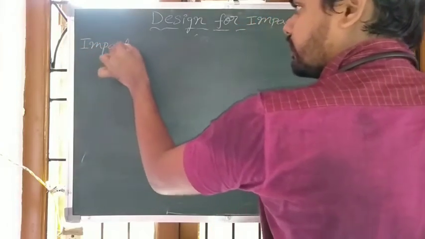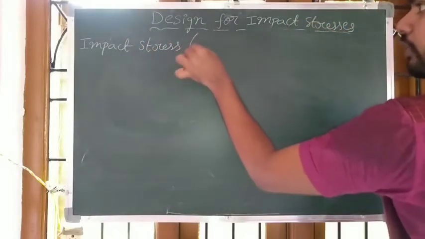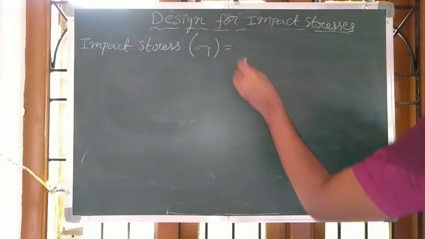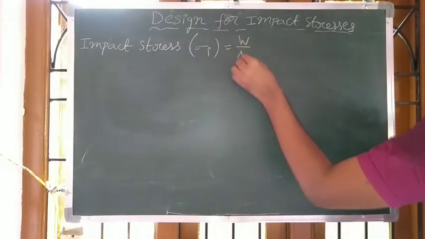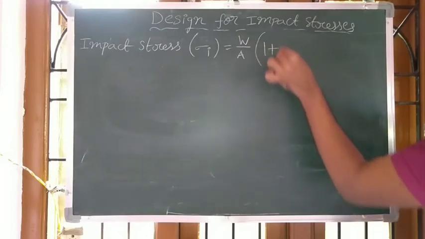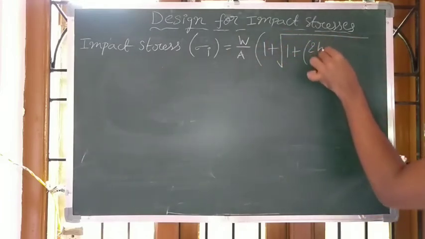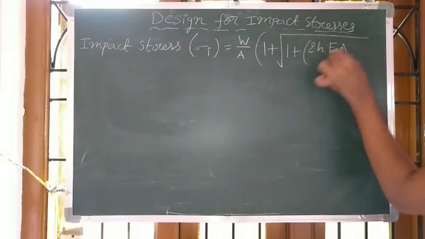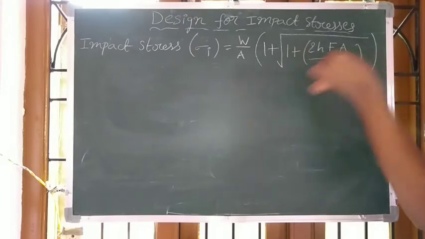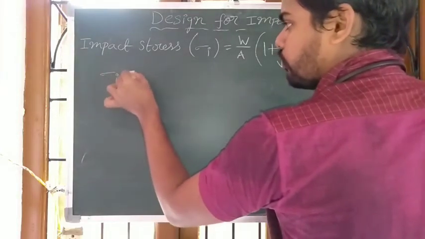The formula for impact stress is sigma is equal to W divided by A, into 1 plus root over 1 plus 2HEA divided by WL. Substitute all the values.